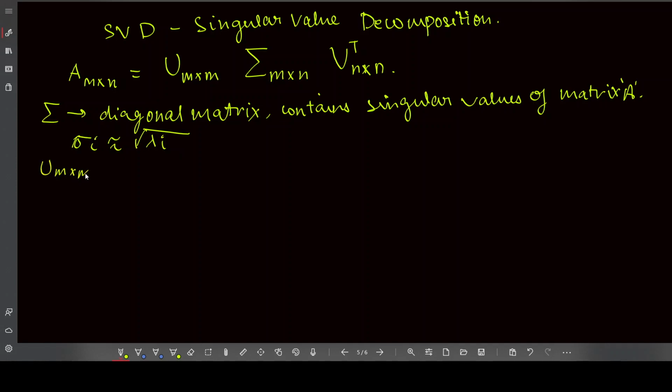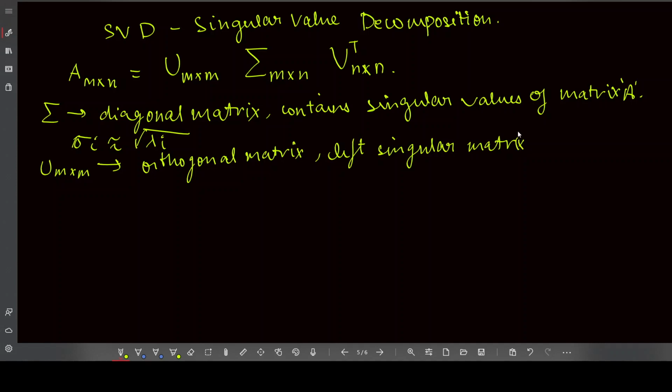U, m into m, is basically an orthogonal matrix. This is also called the left singular matrix.